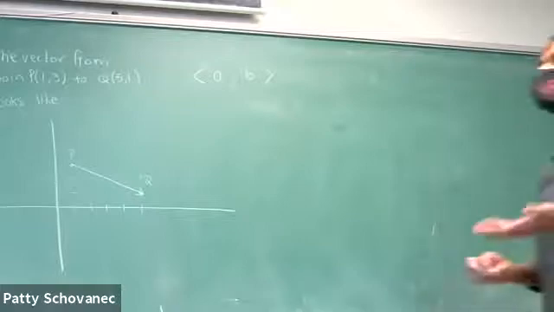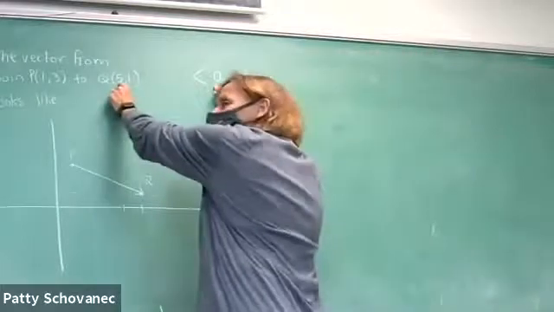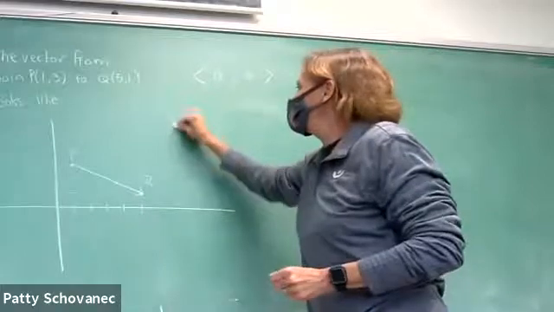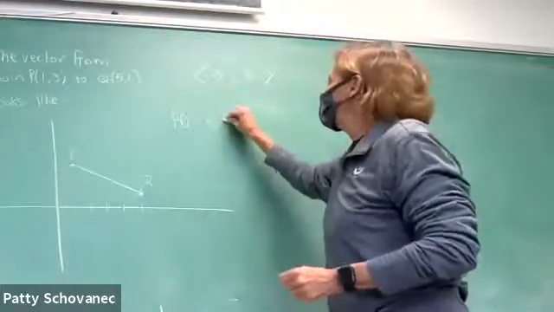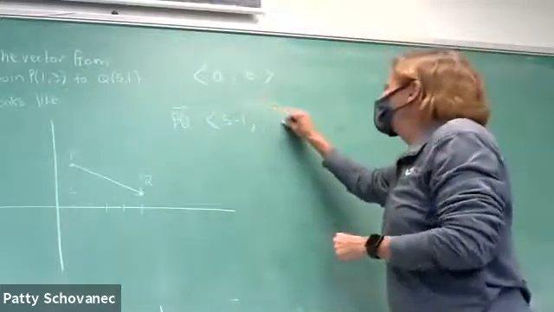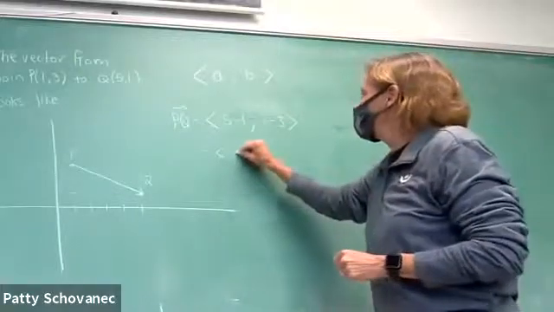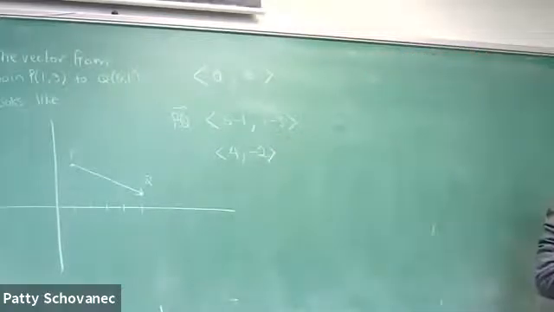Okay, for this particular example, we find the X component by subtracting terminal X minus the initial X. So in this example, vector PQ would look like 5 minus 1 in its X component and 1 minus 3 as its Y component. So it's the vector whose components are 4, -2. Every vector in the plane is associated with a vector called its position vector.